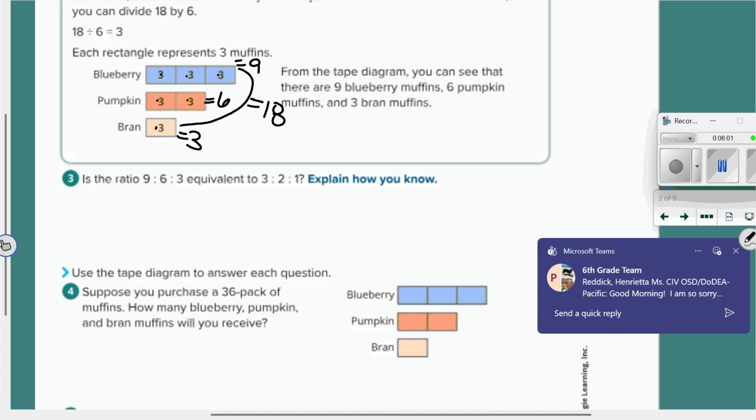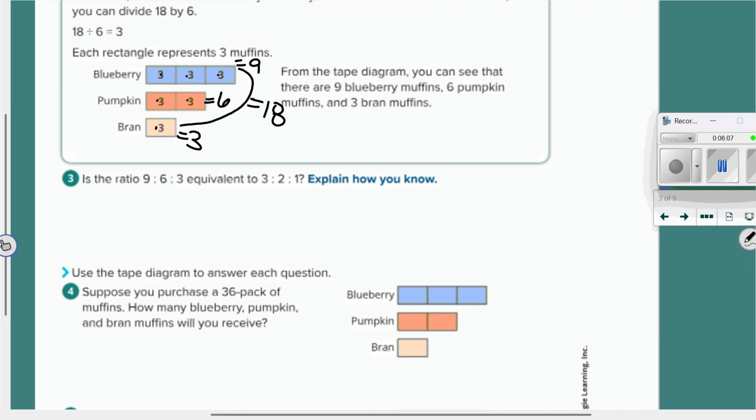Okay, so 3 to 2 to 1 is just a times 3 away of each of them to 9 to 6 to 3. So in order for it to be equivalent, it needs to be multiplied by the same number every time. Or divided by the same number every time. In this case, we're multiplying. So if I start with my original ratio, what do I do to 3 to get to 9?